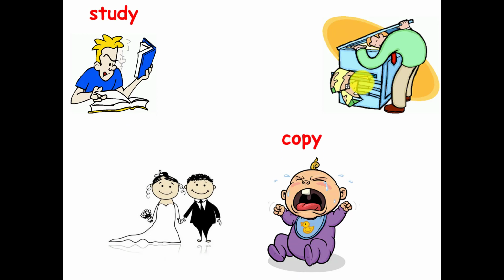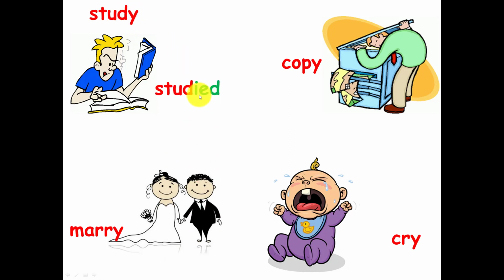Copy. Next. Marry. Right. Last one. To cry. Great. If we have a verb that ends with Y and before Y there is a consonant, we simply drop Y and we add IED. Like in study, it becomes studied.